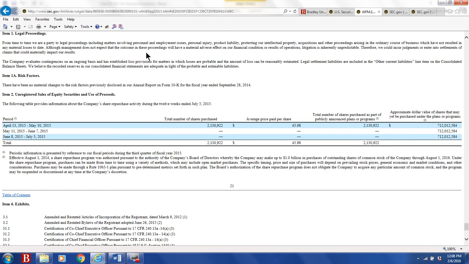It talks about, in a general way, them being involved in personnel and employment issues, personal injury, product liability, but since outcomes are often difficult to predict for lawsuits, they really don't get into a lot of specifics.